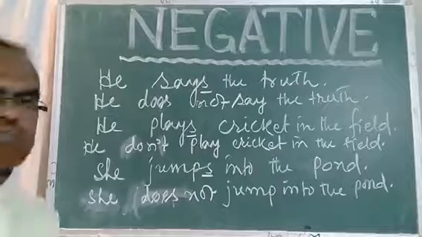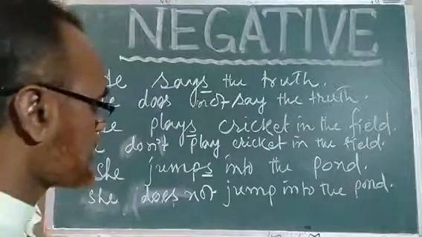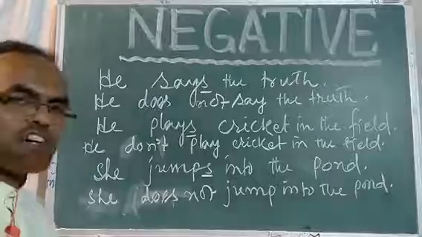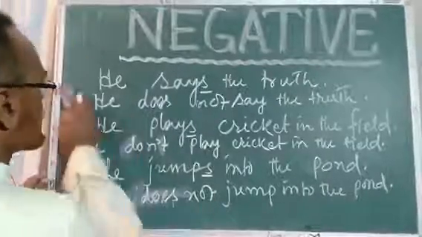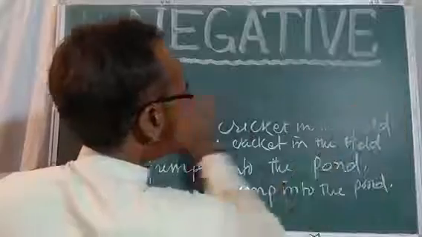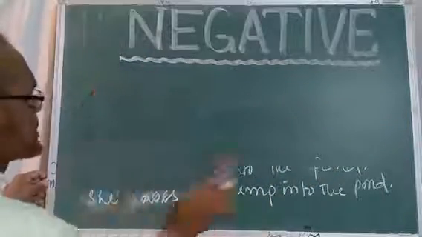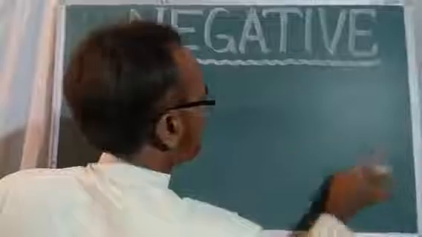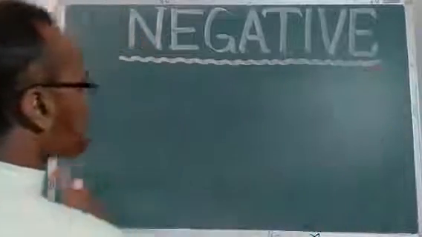Moreover, there are some sentences in which we find es added with the verb. How can we then make those sentences negative? I am going to write a few sentences like those.